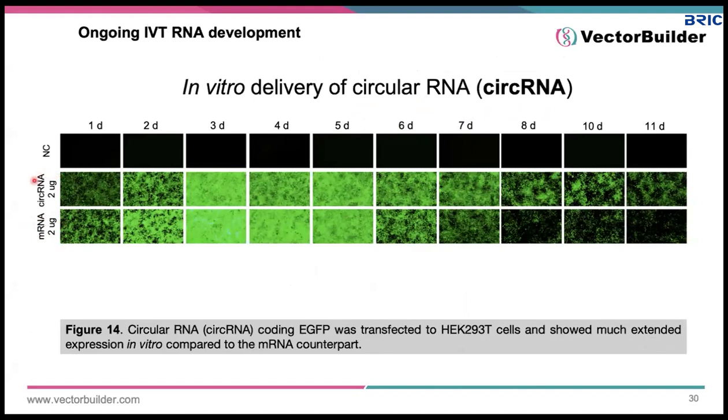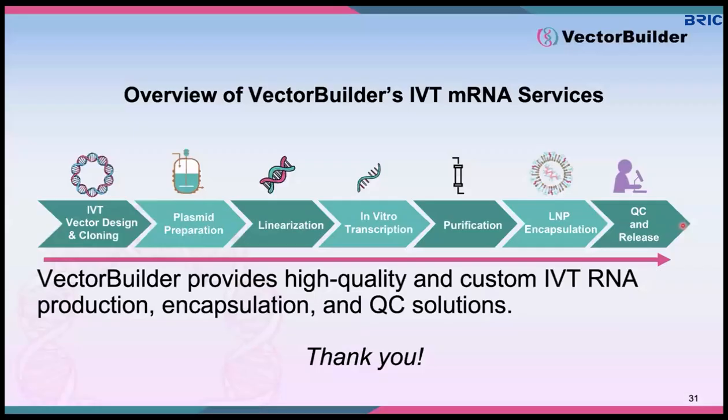Because circRNA has no exposed 3' or 5' end, it should be much more resistant to the RNA degradation mechanisms existing in a host cell. That's why you can see that although circRNA and mRNA have similar peak expression, circRNA can really be expressed even on the 11th day post-transfection, which is not the same as mRNA.